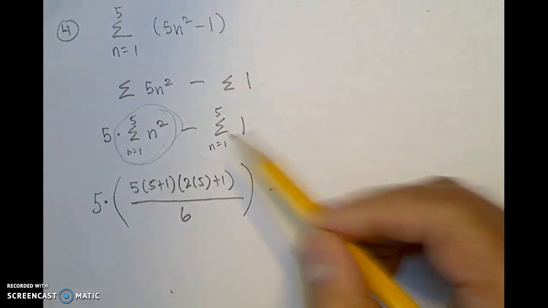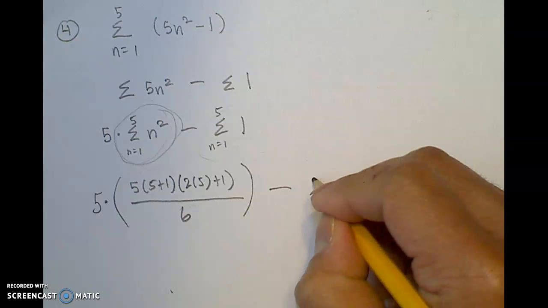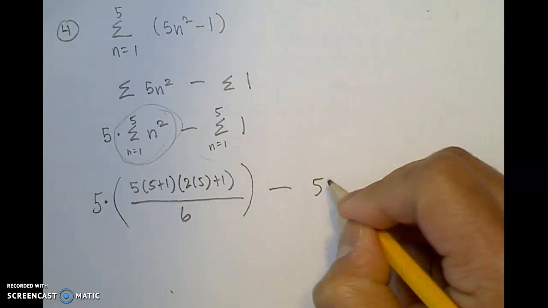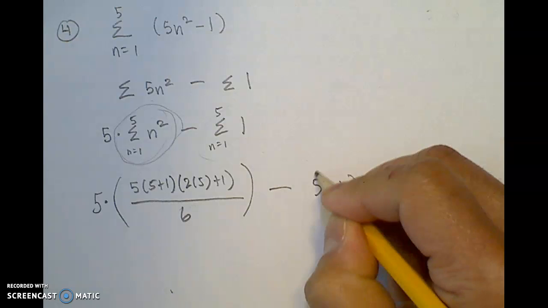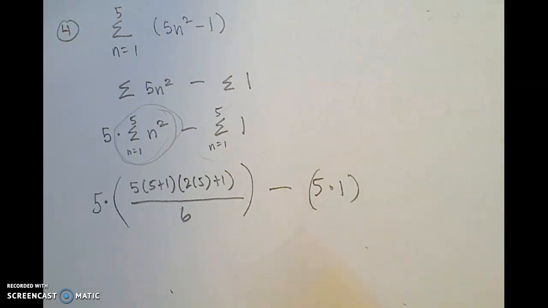My nth term is 5, and my constant is 1. So there's that summation. This first half is this summation, the second half is this summation, using the formula. Here's something that you just plug right into your calculator to get that answer for number 4.